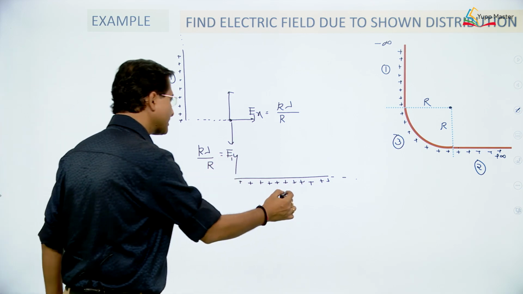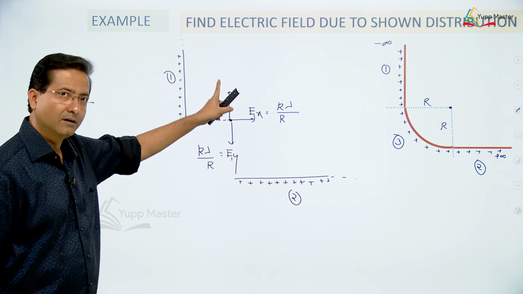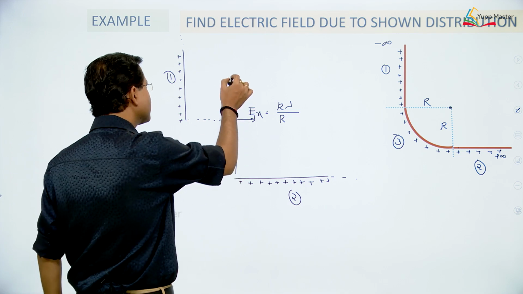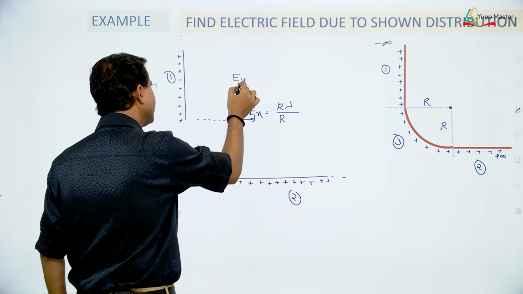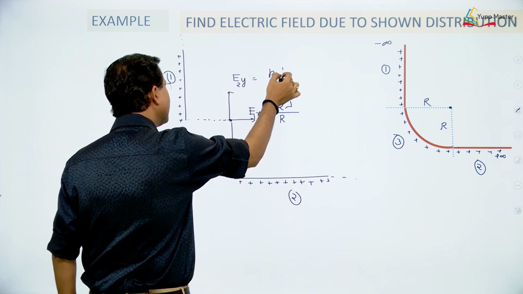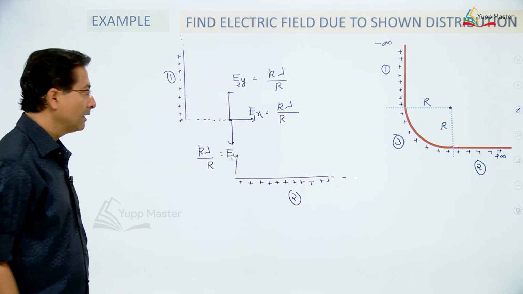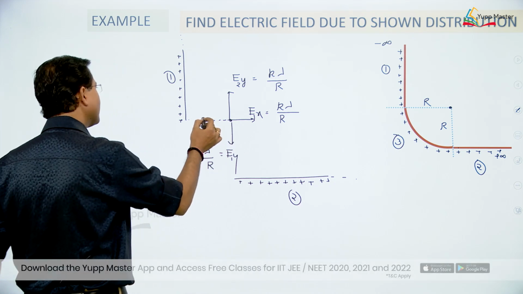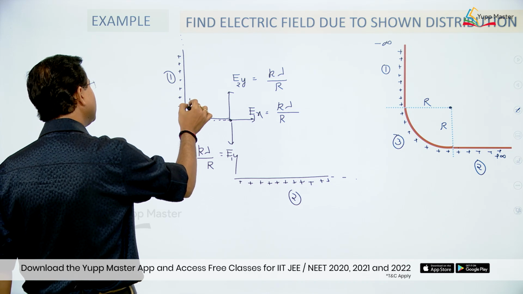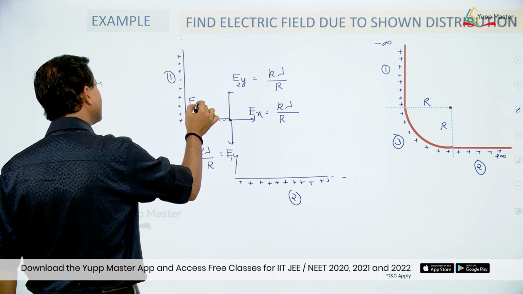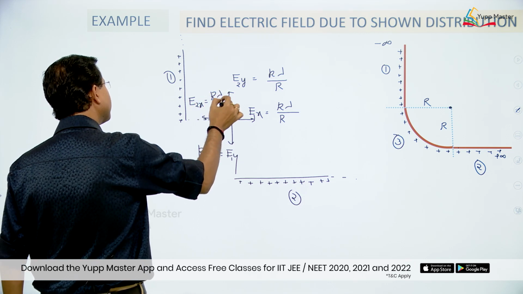Now because of this second segment, the field created away from the distribution is E2y, that will be k lambda by r. This will create field away, and it will have one more component at this particular point, that will be along this, that is E2x, that is again k lambda by r.